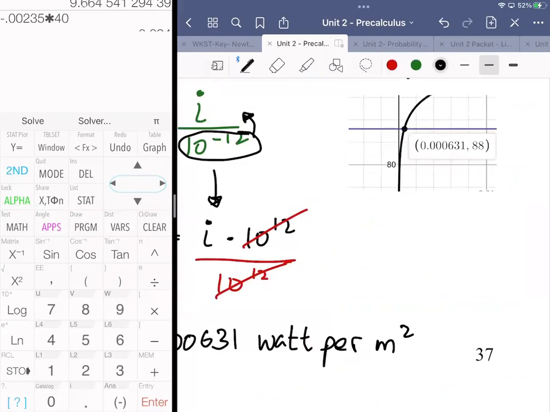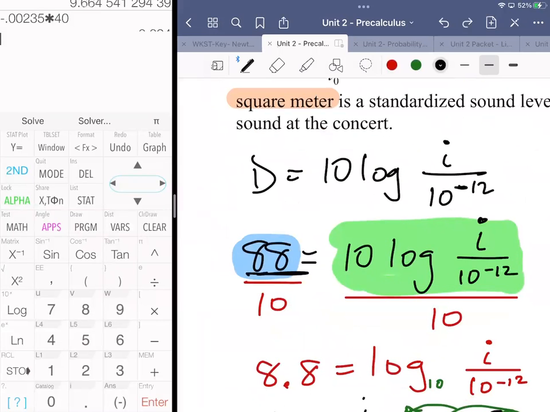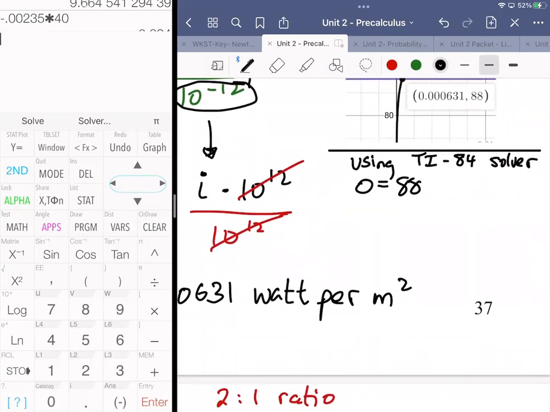So in the solver, we would write in 0 equals 88 minus the right-hand side. That would get everything over to the same side. So 88 minus 10 log I over 10 to the negative 12th power.